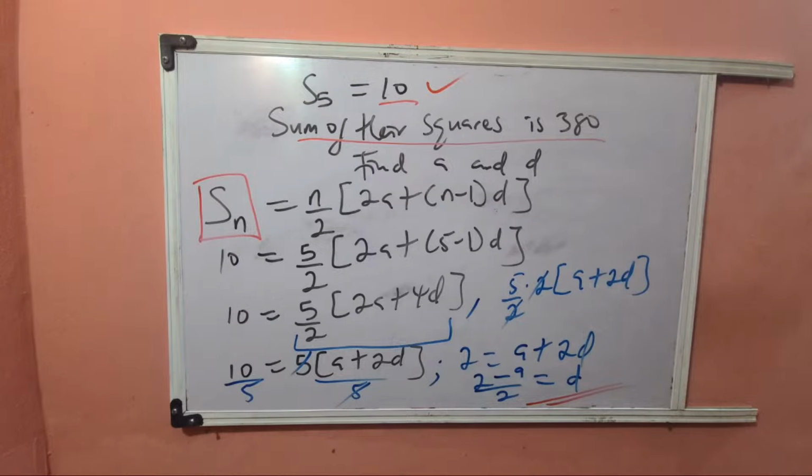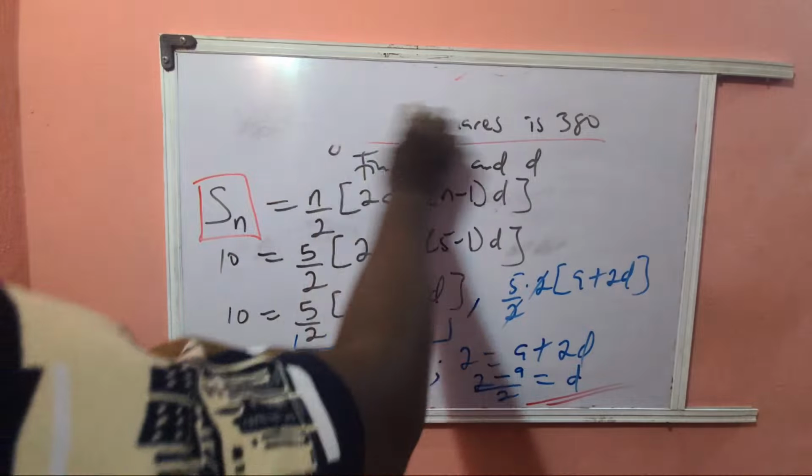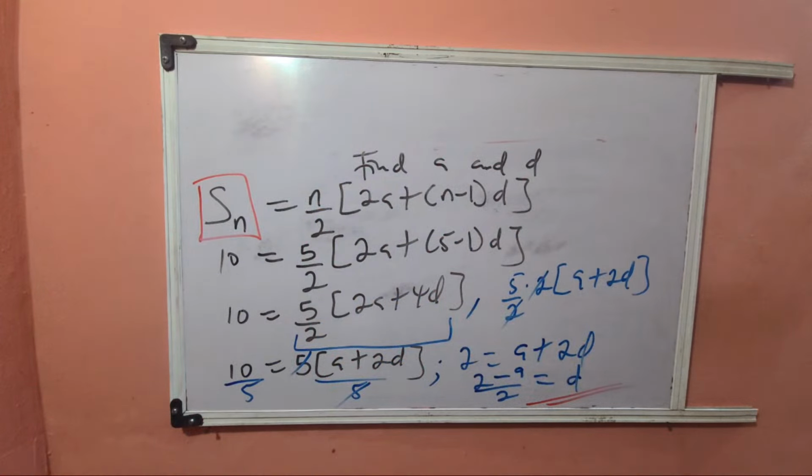So if we're going to bring out the 5 terms, I'm sure you know that it's okay if we call the first term a, the second term a plus d, the third term a plus 2d. So let me write that here.